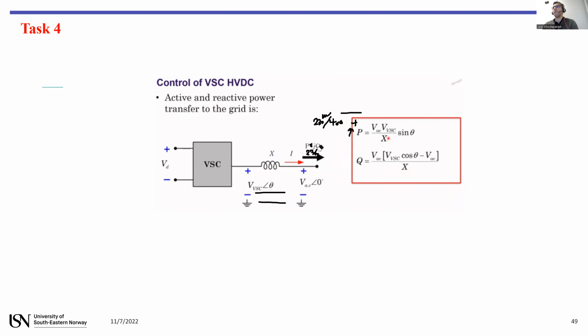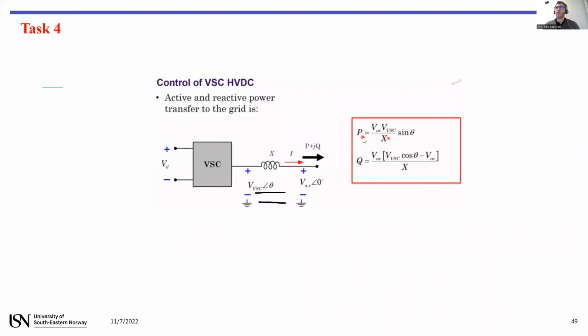According to your PowerPoint, you know that if you have an HVDC line between the voltage converter and the grid, we have a reactance, two reactances. Suppose the sum of them is X, the whole active and reactive power that passes through this reactance will be calculated by these formulas.